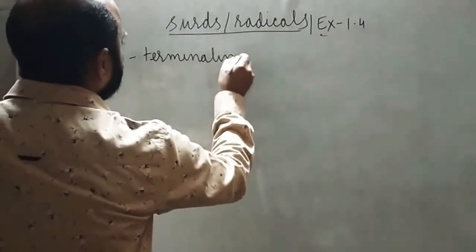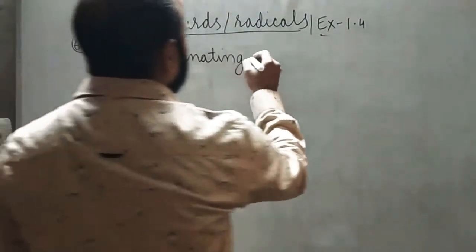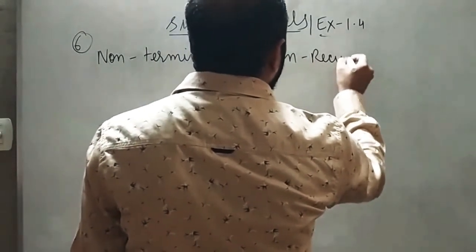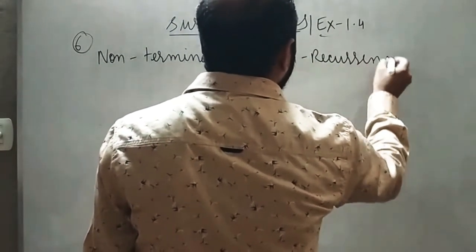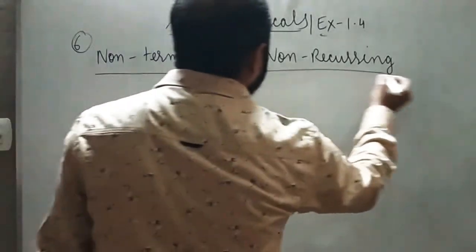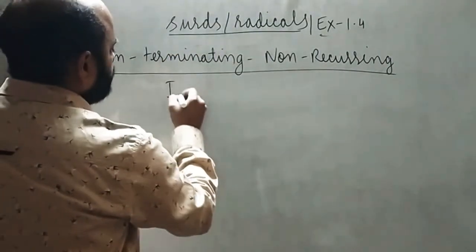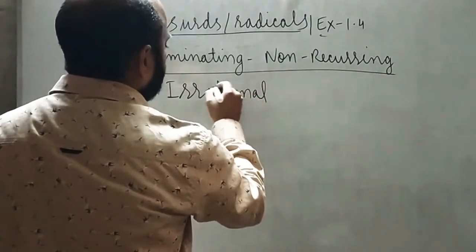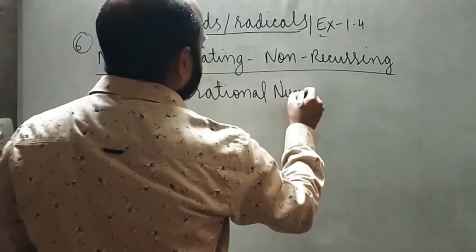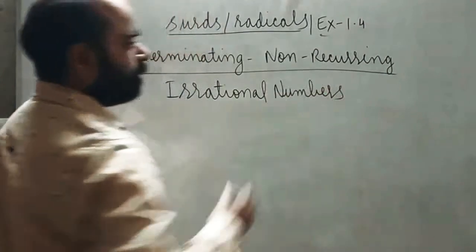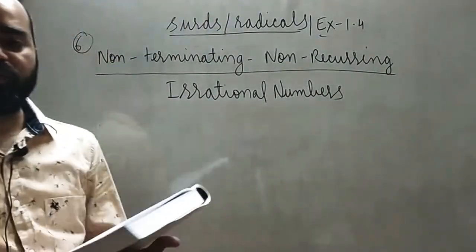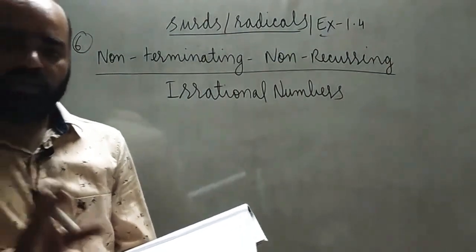Non-terminating, non-recurring. It means indirectly it has asked for irrational numbers. Clear? Non-terminating, non-recurring means we have to check which numbers are irrational.